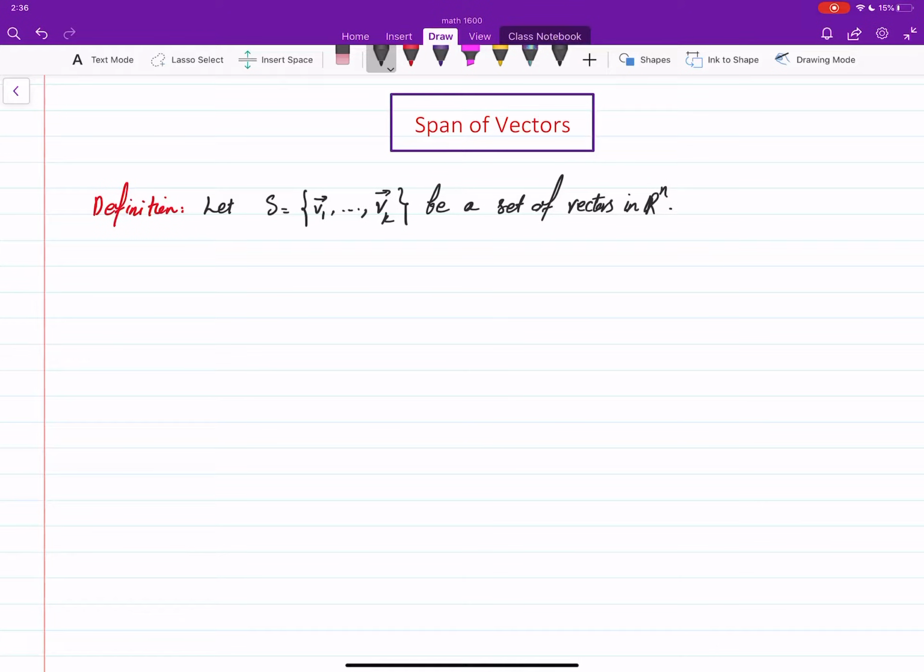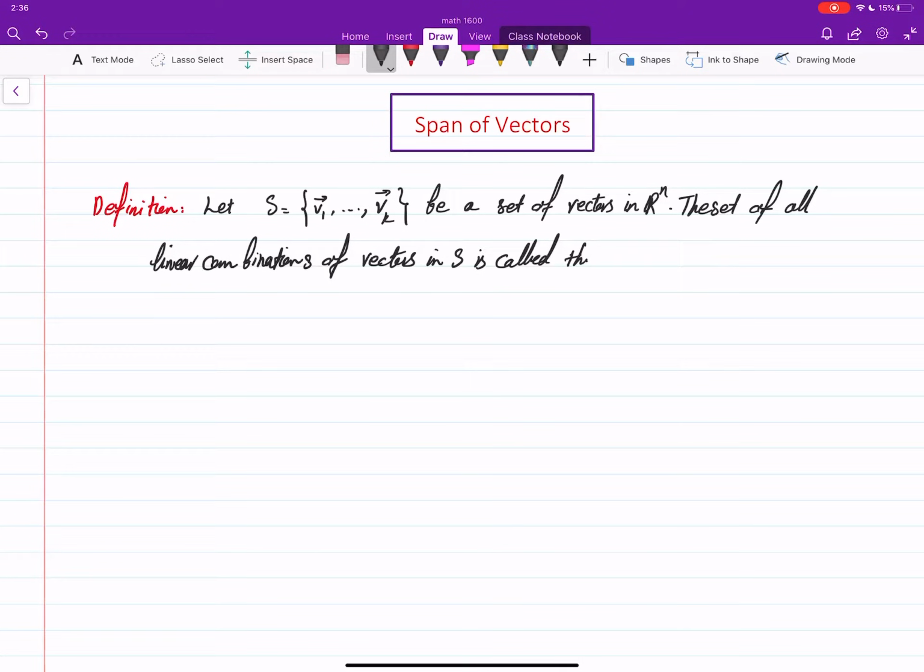Then put all the linear combinations of these vectors together. The set of all linear combinations of vectors in S is called the span of S, or span of V1 up to Vk.